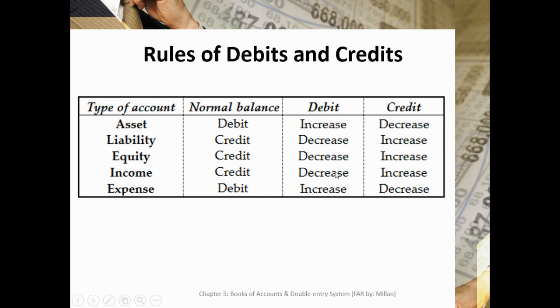How about expense? So, the normal balance of expense is debit. So, dahil yun yung normal balance niya, pag dinebit mo siya, mag-i-increase siya. Pag credit mo siya, mababawasan siya. So, lagi mong tatandaan yung concept ng T account, which resembles the alphabetical letter T. The left side of all accounts is the debit side, while the right side of all accounts is credit side.